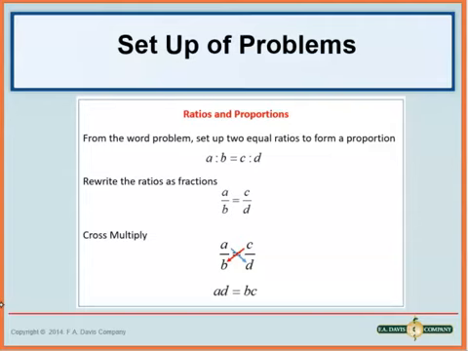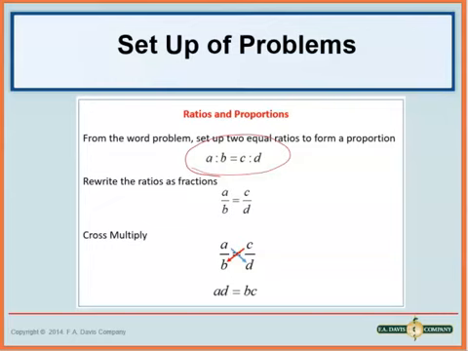Okay, in the lab world, why is this important? It's because you'll end up with basically a word problem in the different scenarios and on the certification exam, and you'll have to take that word problem and set up 2 equal ratios to form a proportion. So what's that going to look like? You're going to have to take the information that's given in the word problem, pull it out, and set it up as a ratio equal to another ratio.